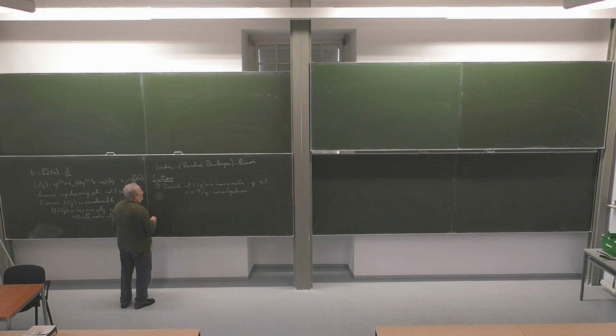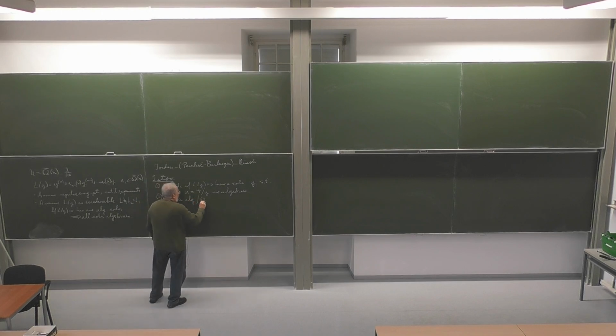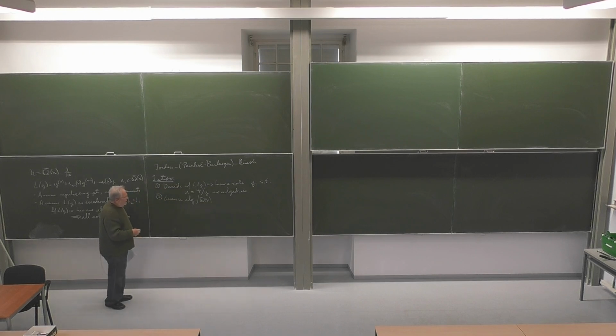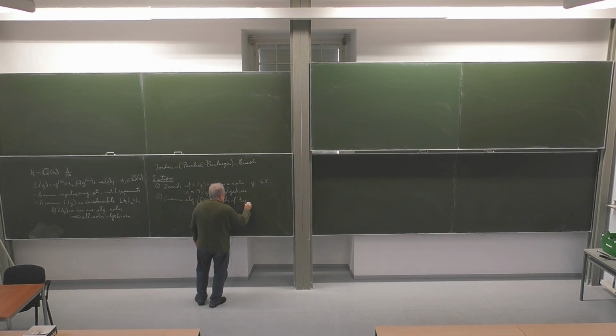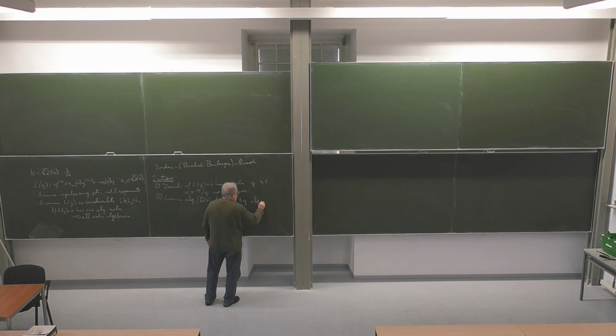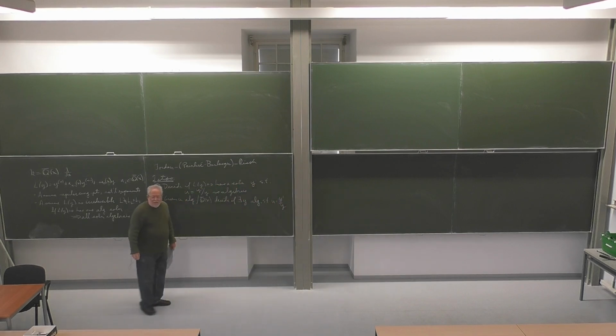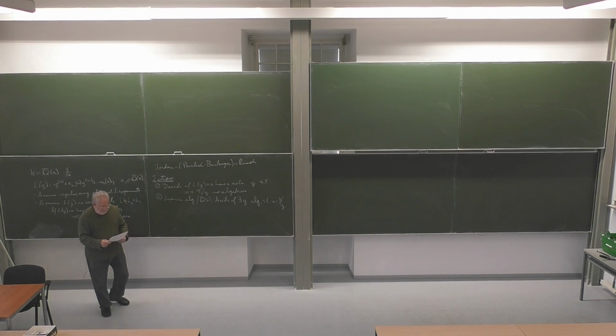The next step was, given u algebraic, and when I say algebraic, it will always be over this field, decide if there exists a y, also algebraic, such that u is y prime over y. So there are two steps.